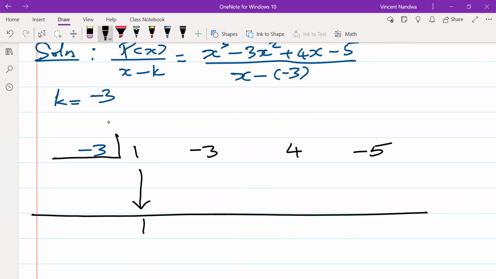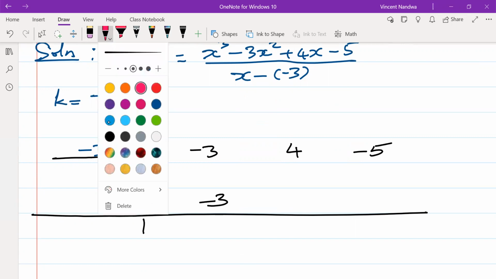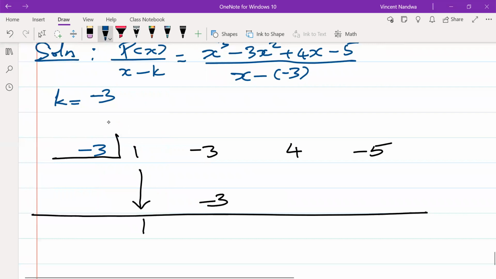And what happens next? You multiply negative 3 by 1 to get negative 3. You write it, then you add. So after adding, minus 3 plus minus 3, minus 6. Next step, you multiply negative 3 by negative 6 to get 18.